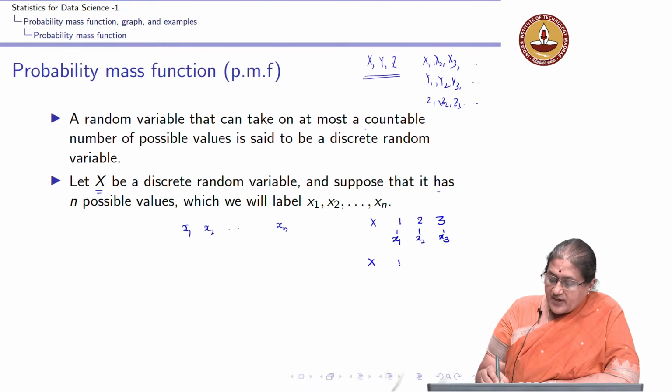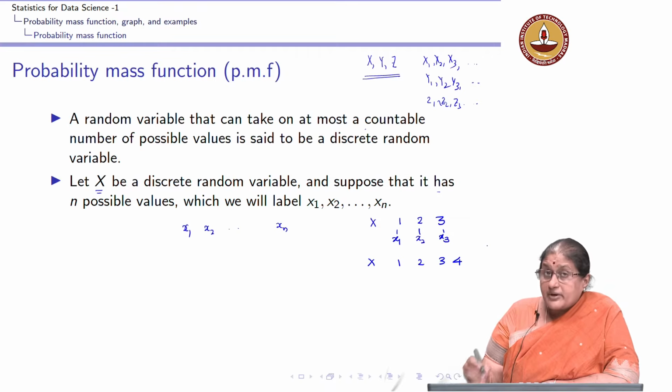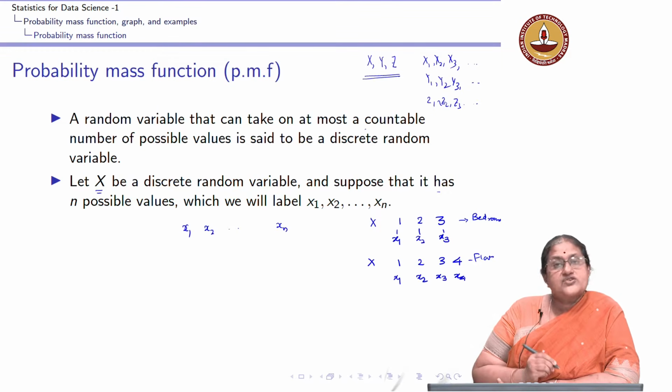If X takes the values 1, 2, 3, 4, as in the case of the number of floors, or the number of bedrooms, then x1 is 1, x2 is 2, x3 is 3 and x4 is 4.